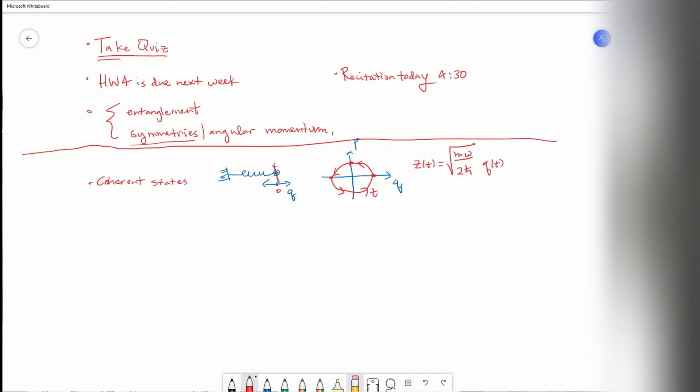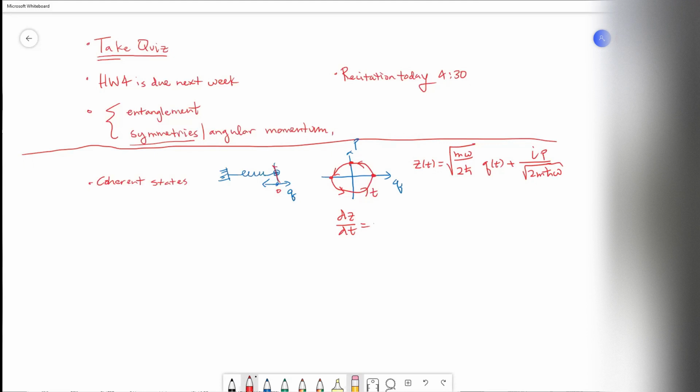So this is Q(t), the position of it, plus i, put the momentum on the imaginary axis and rescale it. And so classically then, you could derive the equation of motion for Z, dz/dt, and then you would apply Hamilton's equations for the harmonic oscillator.